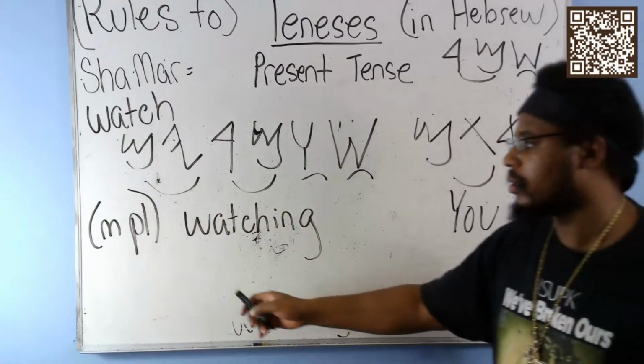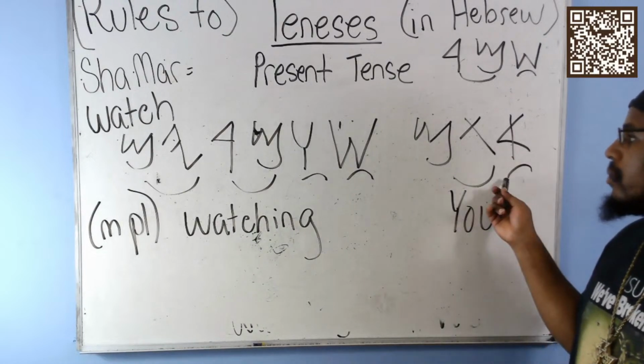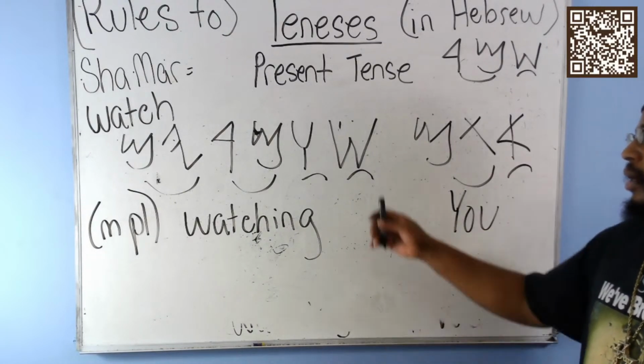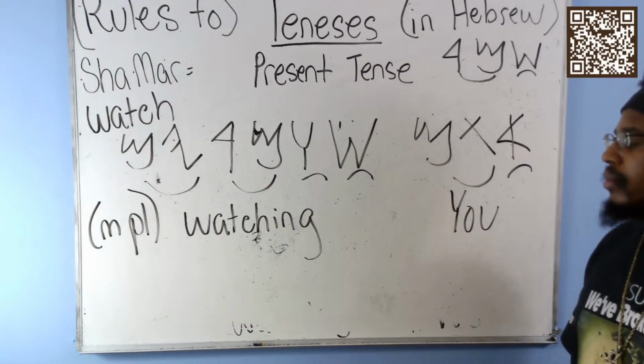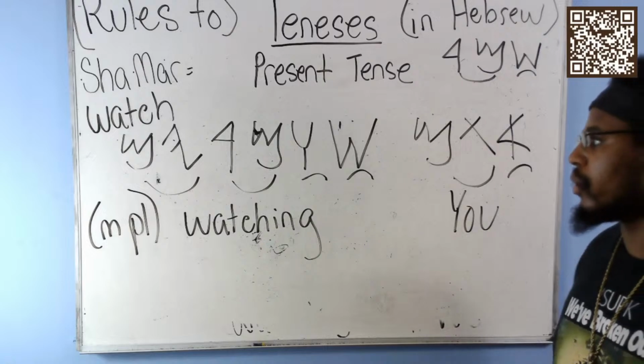You watching masculine plural. So the thumb is you. It's masculine, it's plural. And YAHUAH Mar Young. The young is masculine, and that is plural.